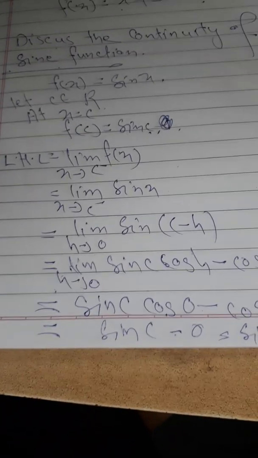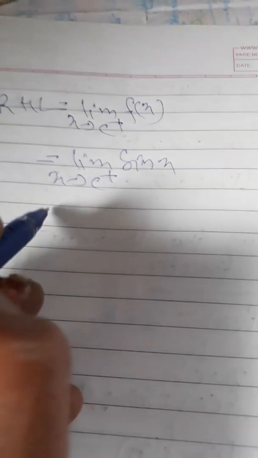Similarly, we will go for RHL. RHL equals limit of f of x as x tends to c plus, which equals limit of sine x as x tends to c plus. Change the limit.